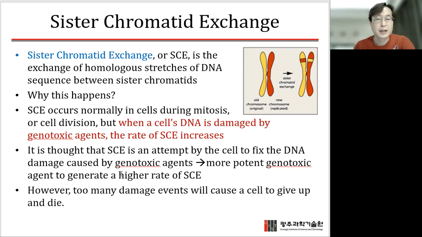It is thought that SCE is an attempt by the cell to fix the DNA damage caused by genotoxic agents, in this case, the UV light. So a more potent genotoxic agent is going to generate a higher rate of sister chromatid exchange. But too many damage events will eventually cause the cell to give up and die.